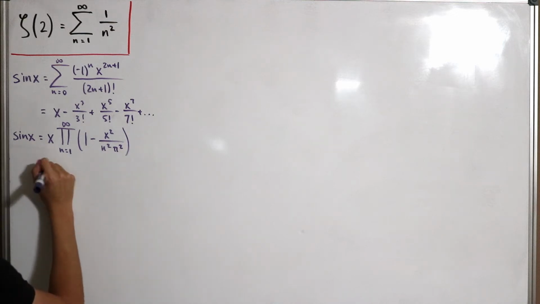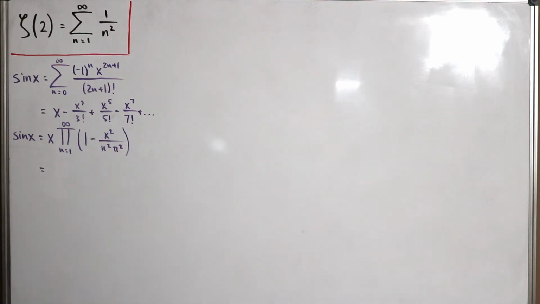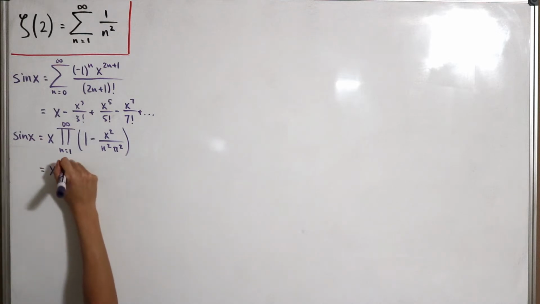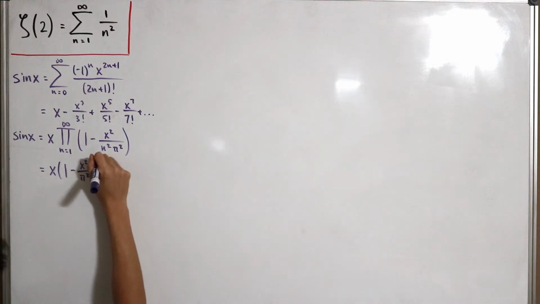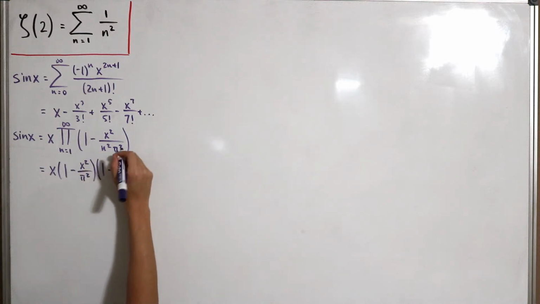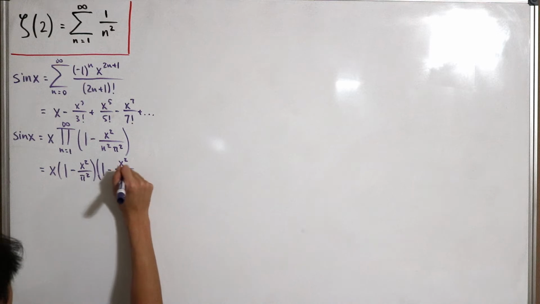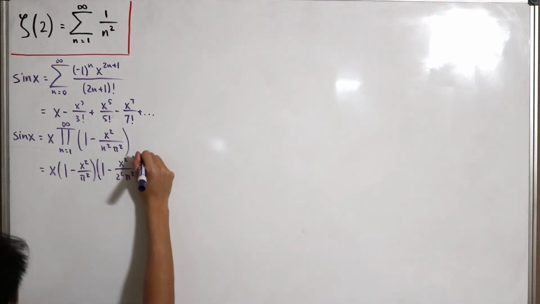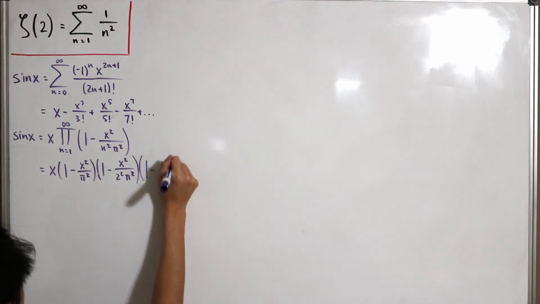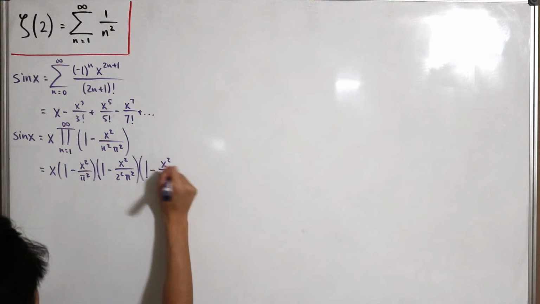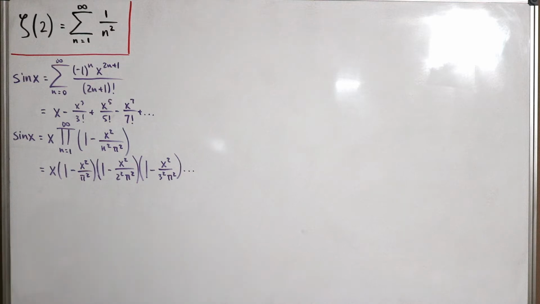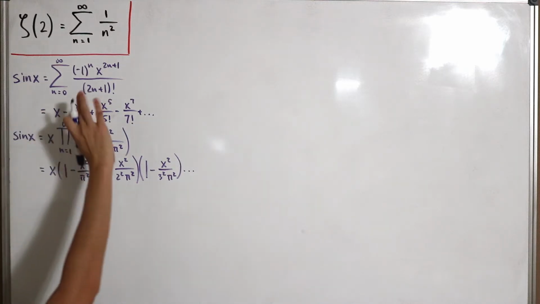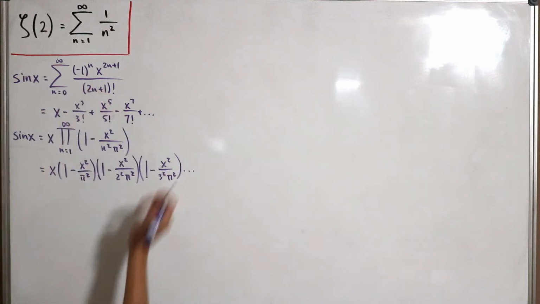Now if we expand this product out, with x factored out over here, we have 1 minus x squared over pi squared, multiplied by 1 minus x squared divided by 2 squared pi squared, multiplied by 1 minus x squared divided by 3 squared pi squared, and we could keep going so on and so forth since this is an infinite product. Now what we're going to do is set the two representations equal to each other.